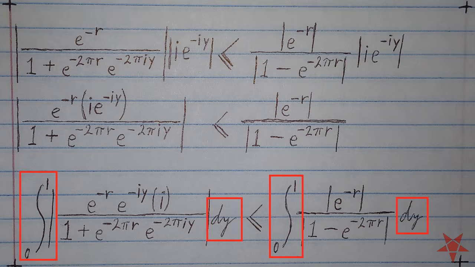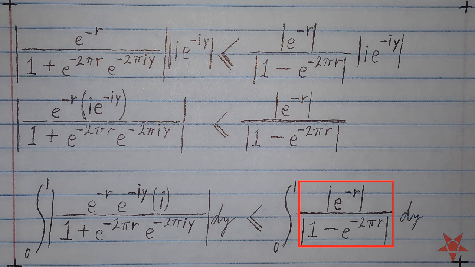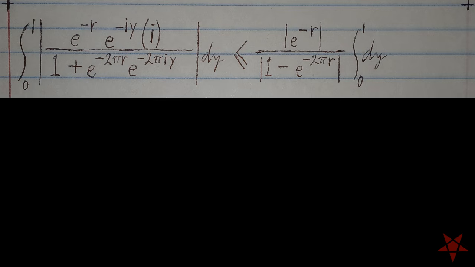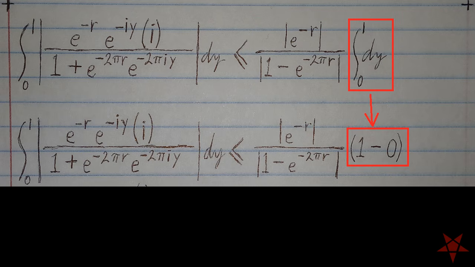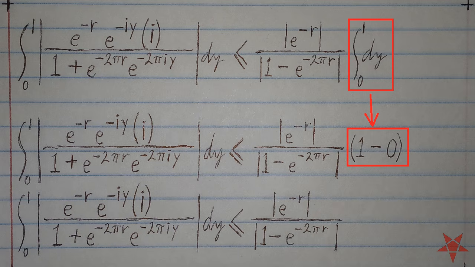From here, we can integrate both sides with respect to y for values from 0 to 1. Note the y dependence, or lack thereof, specific to the integrand on the right-hand side. This lack of y dependence means that we can completely excise the integrand from the integral itself. What remains of the integral with respect to y is equal to 1 minus 0 and ultimately disappears, leaving us with the integral on the left.